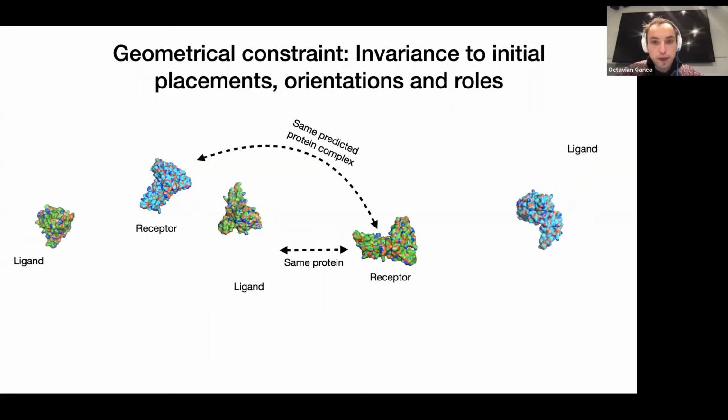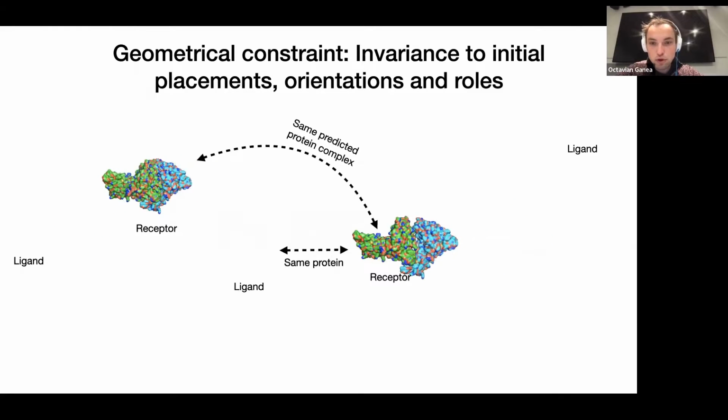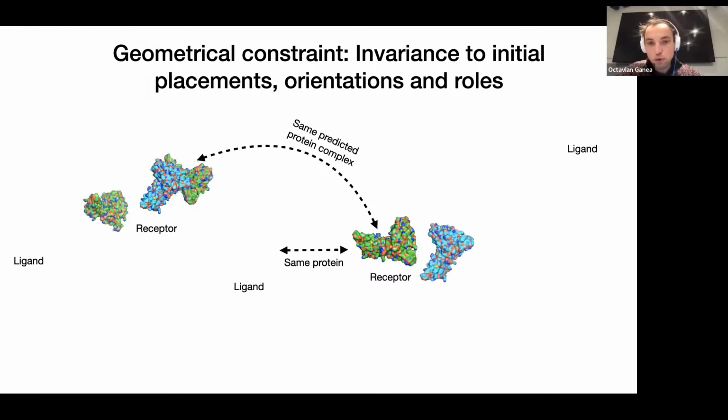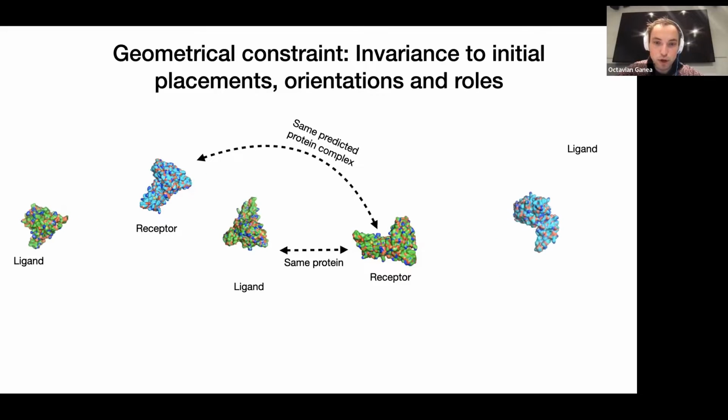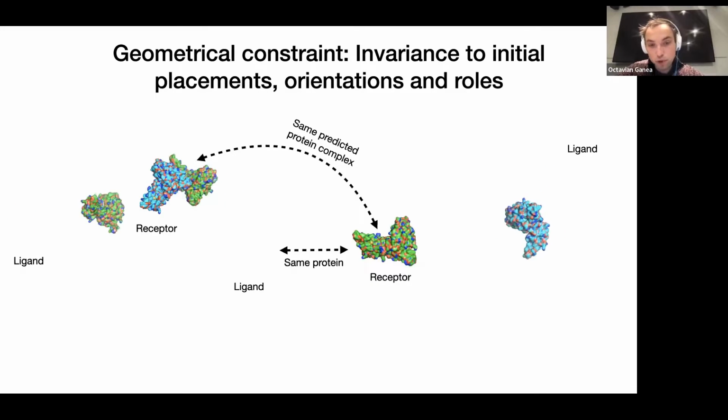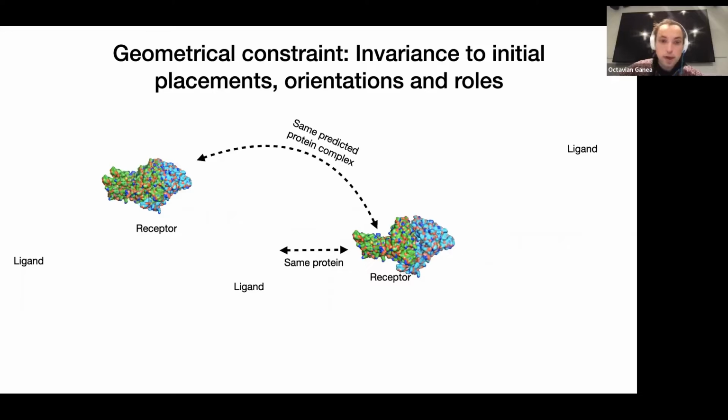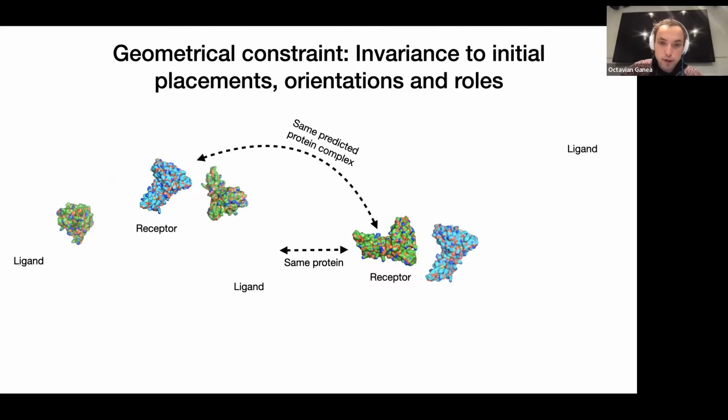We also want to be invariant to this notion of roles. So which one is a receptor or which one is a ligand should not matter for proteins. It would matter for drug-like molecules. And that I'm going to discuss a bit later.